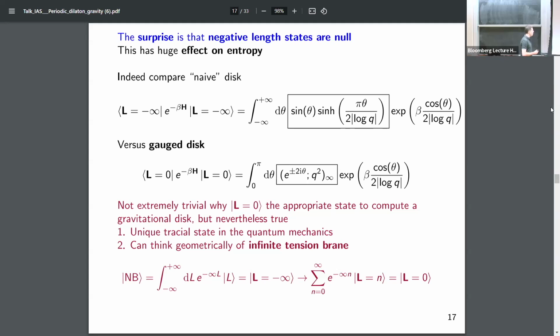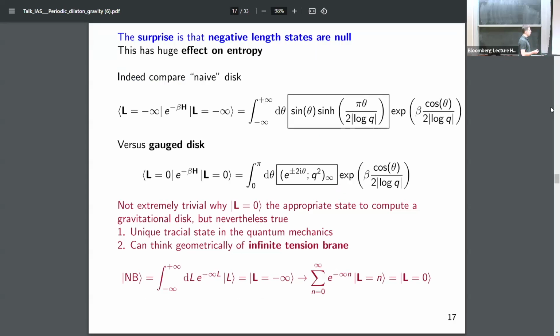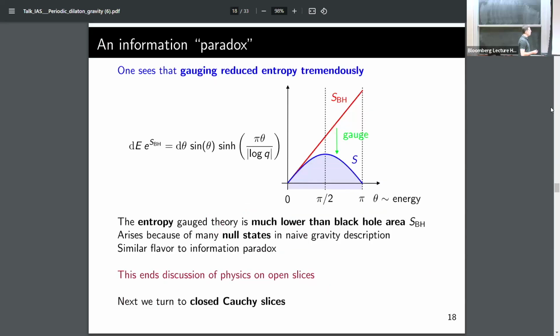Indeed, if we compare the naive gravity disk calculation, it was this expression for the density of states, whereas if we compute the gauge disk, we get this new expression for the density of states. And one sees as a consequence that gauging reduces the entropy tremendously, because the entropy of the black hole, which is like this, pi times theta over 2 log q, goes linearly.